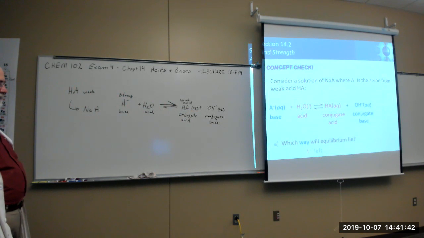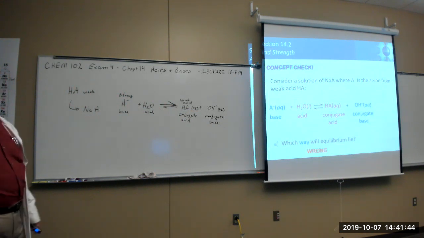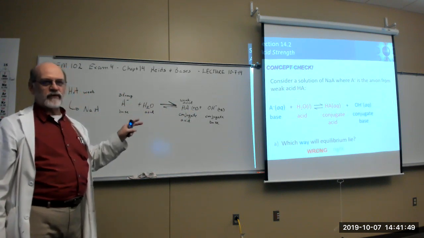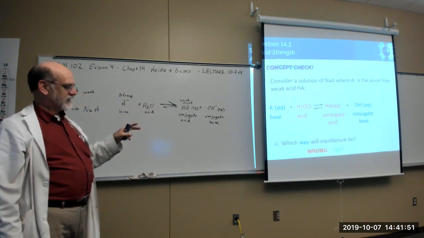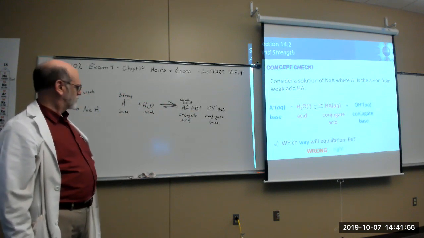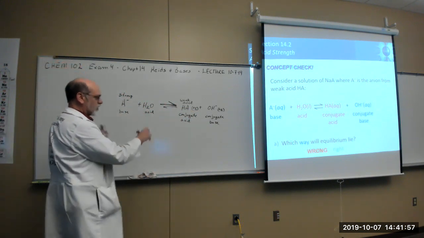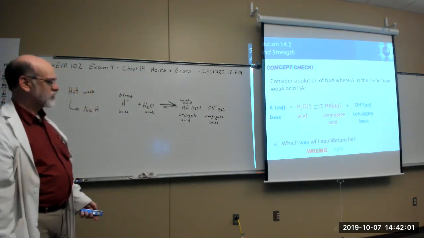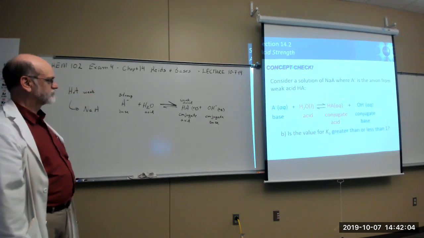That's wrong. These slides came from the publisher, and I took a look at that and said, wait a minute, that's wrong. Based on this scenario, it's on the right-hand side. So whoever made the slides got it wrong.